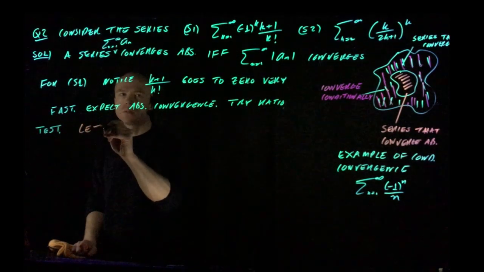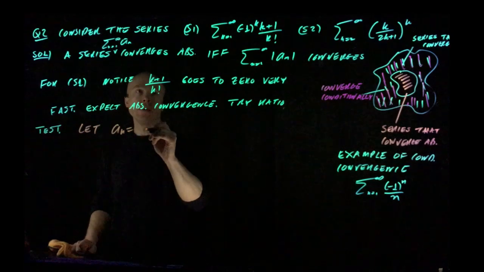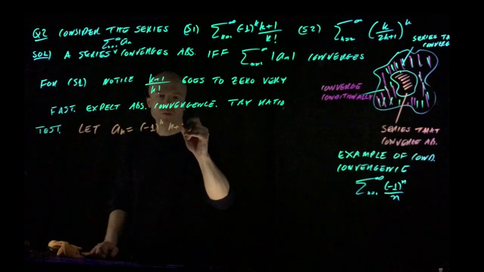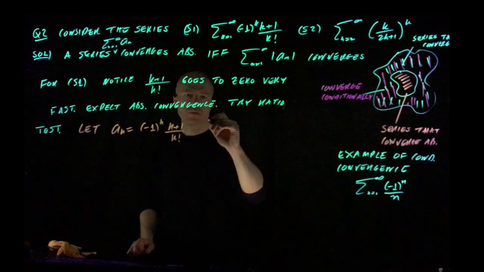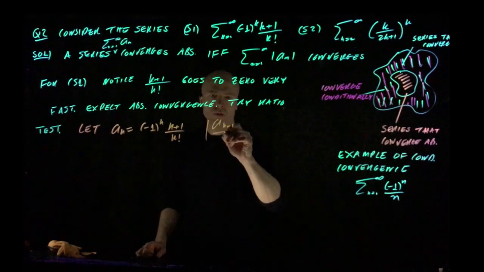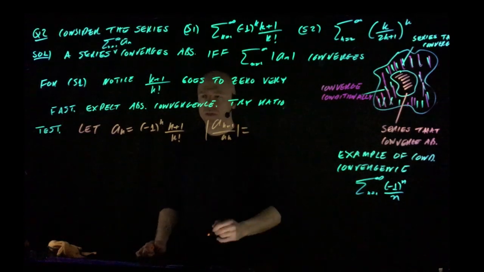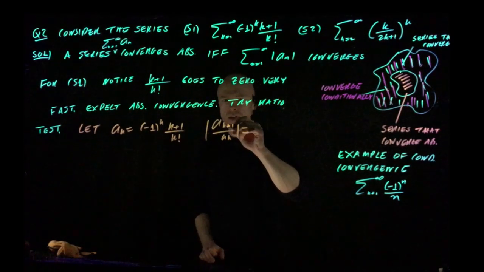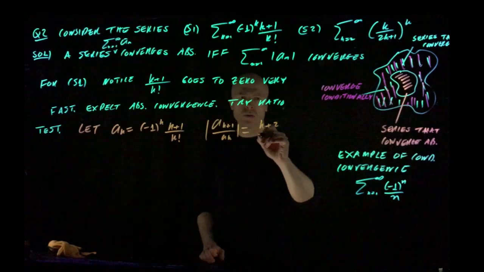So let a_k be (minus 1) to the (k plus 1) over k factorial. So the absolute value of a_(k+1) over a_k. What's going to happen? The minus 1s we don't care about. We are going to have (k plus 2) over (k plus 1).